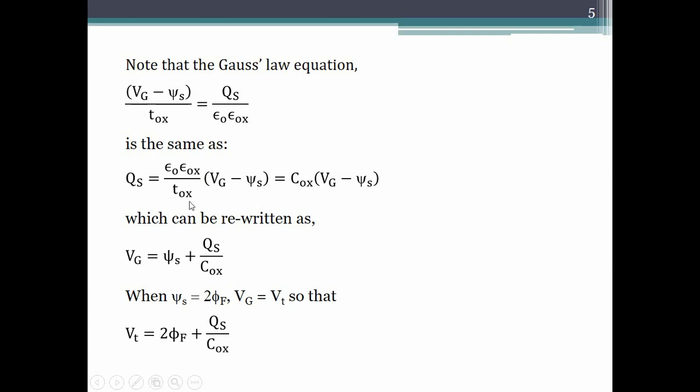So what this is saying is, if Cox is higher, Vt is lower. Or I want to say it the other way: if Cox is lower, Vt is higher. For Cox to be lower, Tox has to be higher. What that means is that if Tox is higher, Vt is higher.